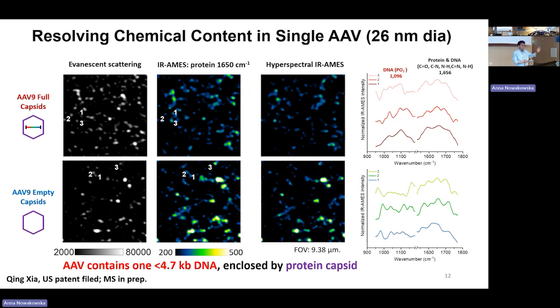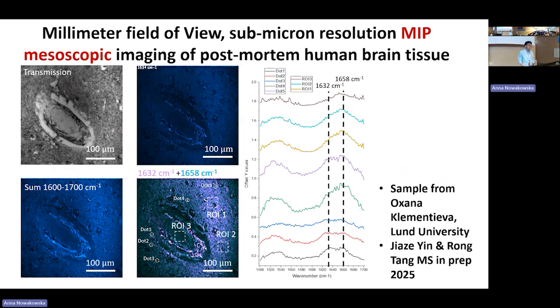In the other direction, we have pushed the field of view to a millimeter scale. By this mesoscopic approach, in one scan we can cover a 1.2 millimeter field of view, but still with sub-micron resolution through the photothermal detection at the visible wavelength. Here we use a sample from Alexandra at Lund University, a human patient specimen from an Alzheimer's disease patient.